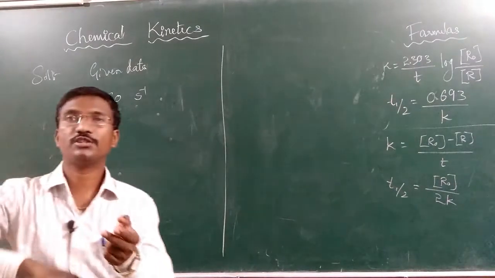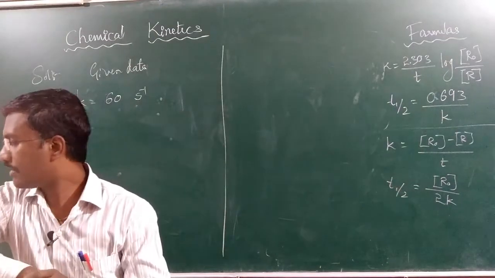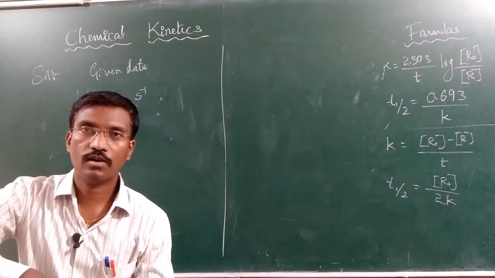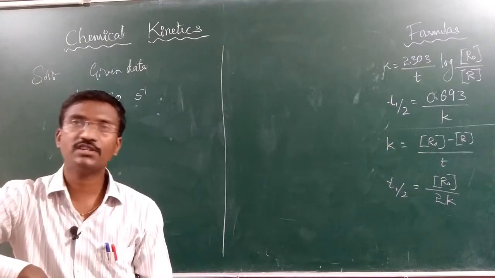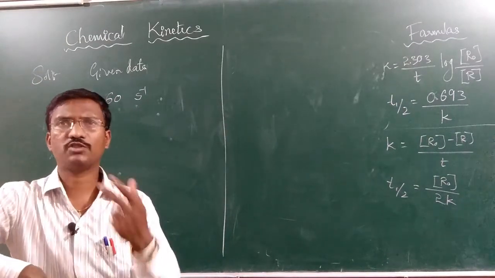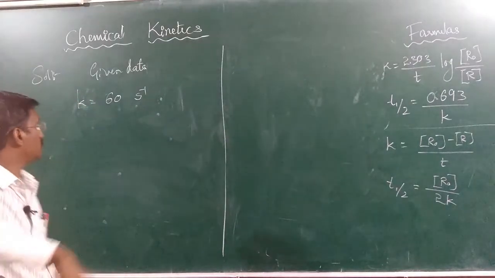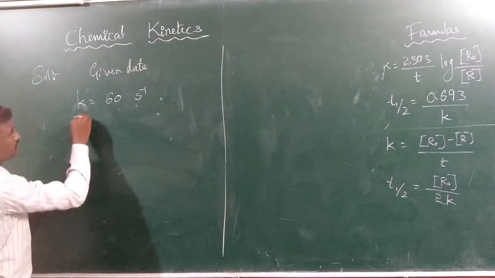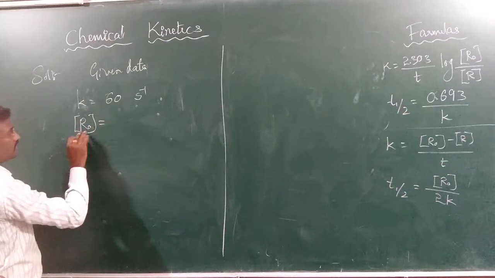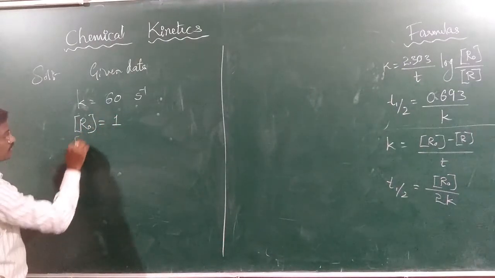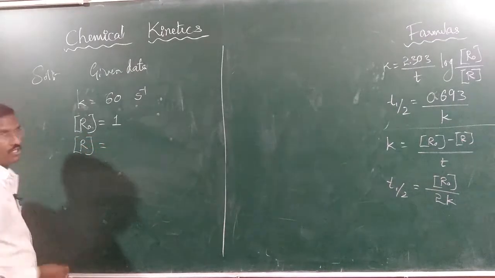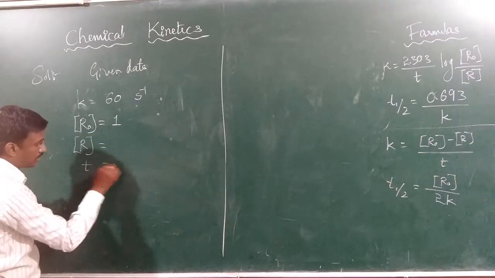They have not given the initial concentration, but simply given that it is reduced to 1/16th. Therefore, we will take the initial concentration as 1, by assuming it. We don't know the time, that's why we are calculating t.